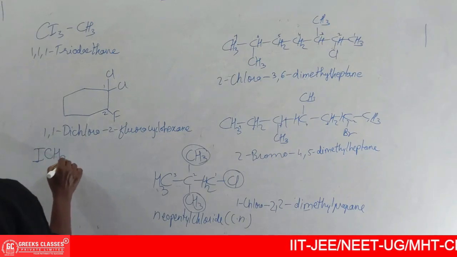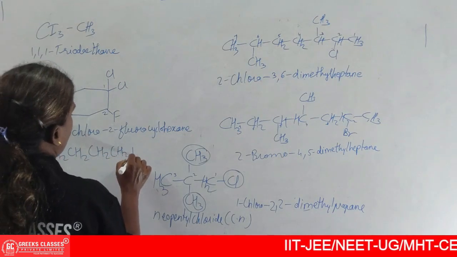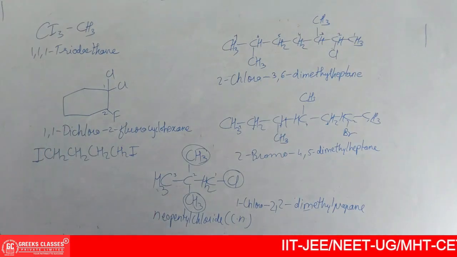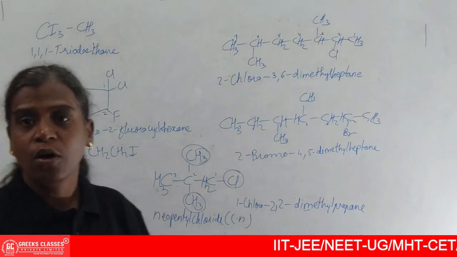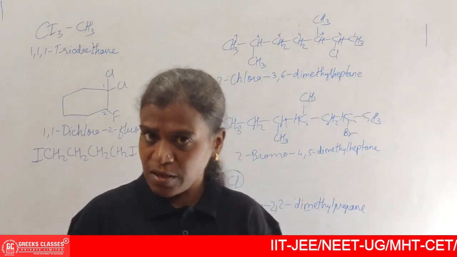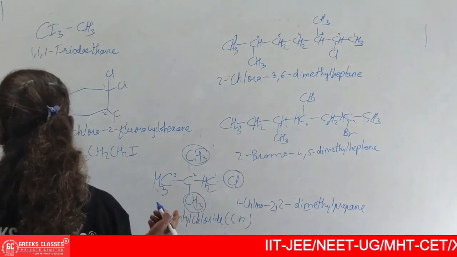I CH2 CH2 CH2 CH2 I. What will be the nomenclature for this? It is carbon number 1, 2, 3, 4. That means 1 and 4, both these carbons have iodine as a substituent, so it is diiodo.